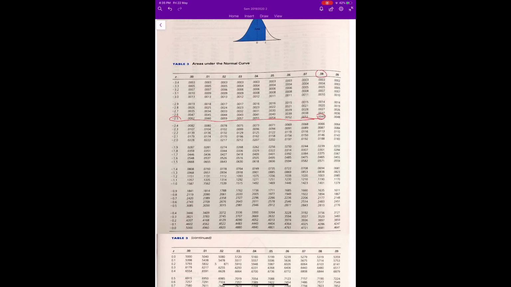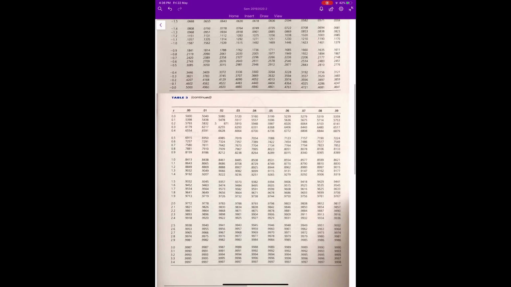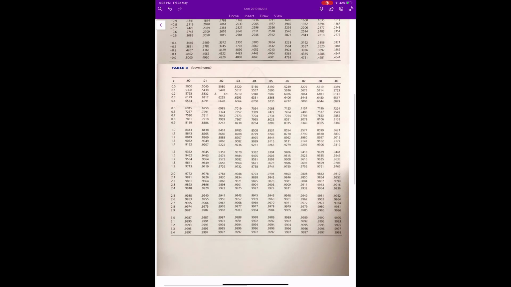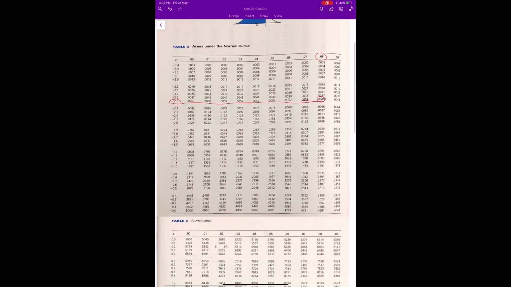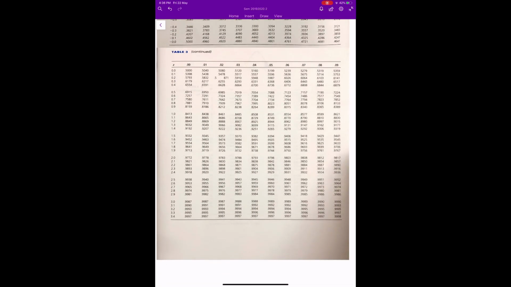Now we have to locate a value on the right side, the positive side. For the positive side, it should be 1 minus 0.005, so we should be looking for 0.9950, and it should be the same as minus 2.58, but with the opposite sign. It should be plus 2.58. Now let's see what that plus 2.58 is.